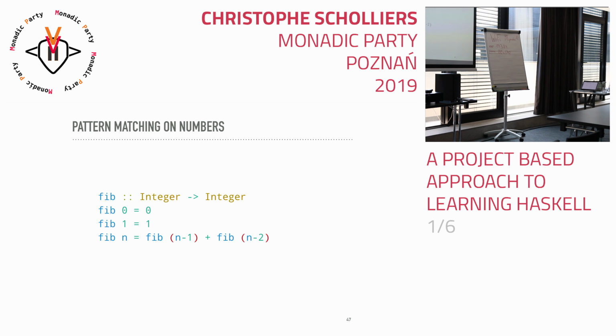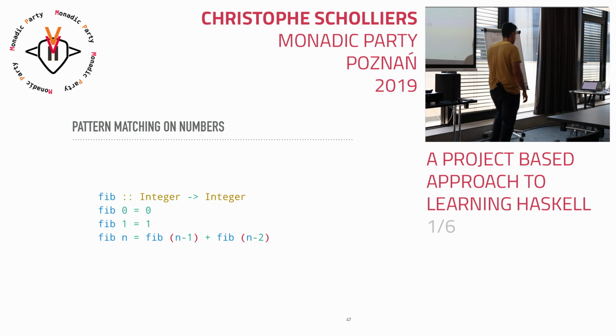If it's 1, it's going to return 1. And in all the other cases, because this one is always going to match whichever number you give it, it's going to call recursively the Fibonacci of n-1 plus the Fibonacci of n-2. So I assume that everybody has once implemented the Fibonacci. But the most important point here is that you can use pattern matching on numbers.